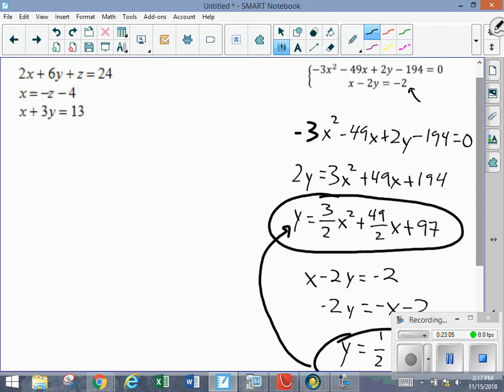All right, so first thing I've got to do is fix this, and then what I want is all these equations in a form like x, y, z, the end of the alphabet, equals some number. So this one is not that way.